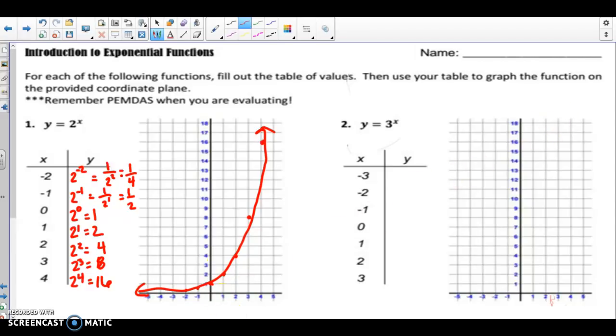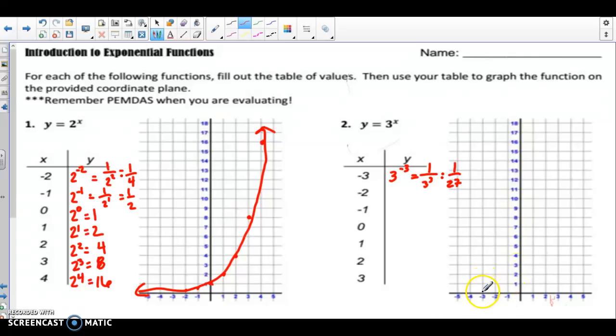And then lastly, now we do the same thing for y is equal to 3 to the x. We have 3 to the negative 3rd, which is 1 over 3 to the 3rd, which is 1 over 27.